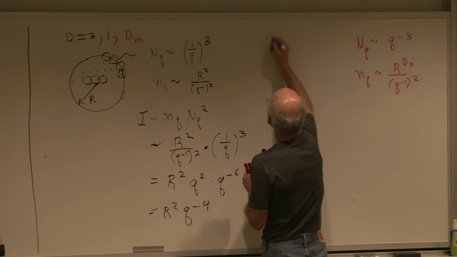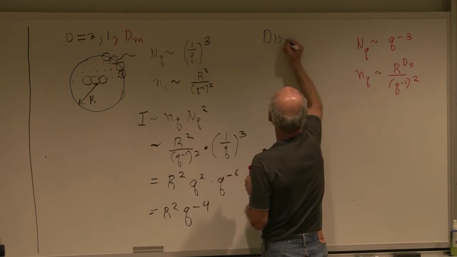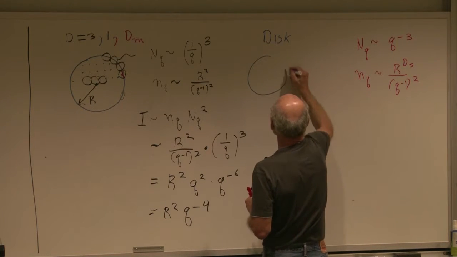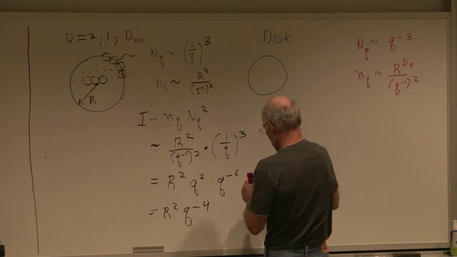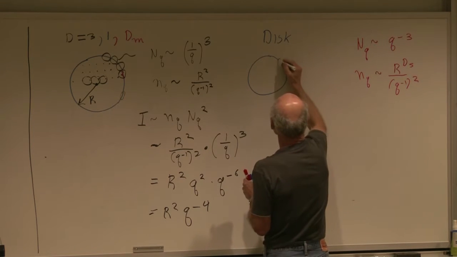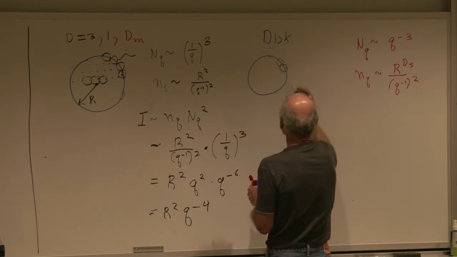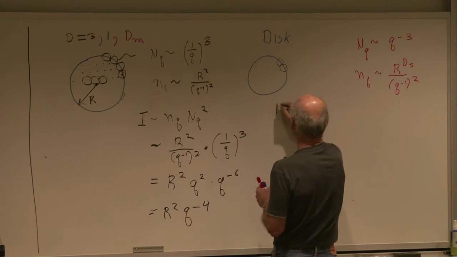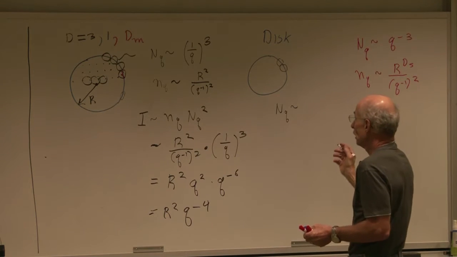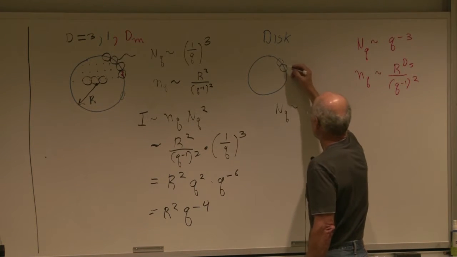So let's label this disk, and what the heck, I can draw it again. It's going to look the same as the sphere. But now when I go to calculate n sub q, I'm just thinking 2 dimensions, right?